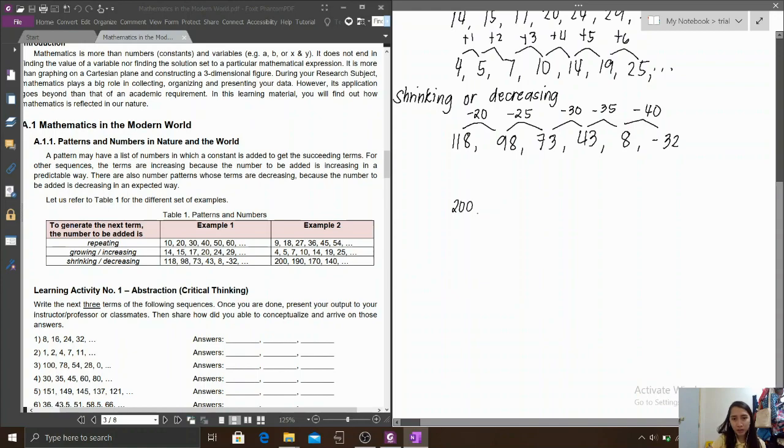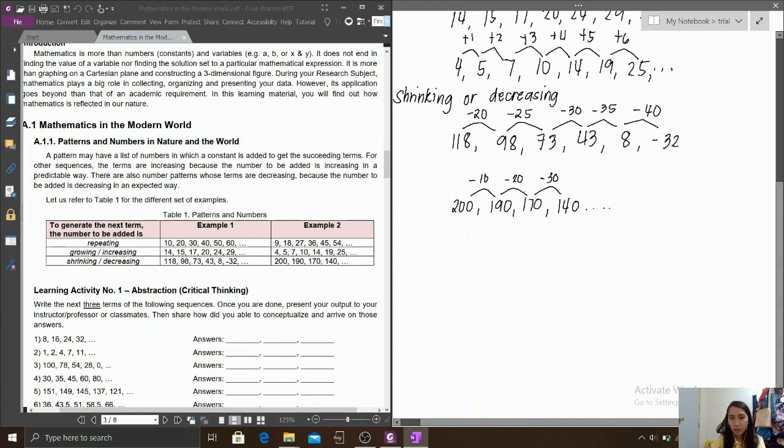We have 200, 190, 170, and 140. 200 plus negative 10 is 190. 190 plus negative 20 is 170. 170 plus negative 30 is 140, and so on.